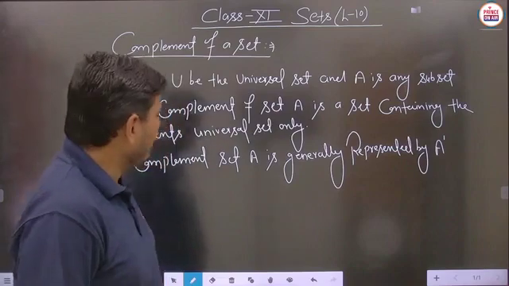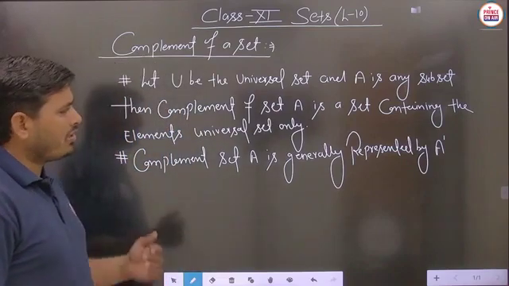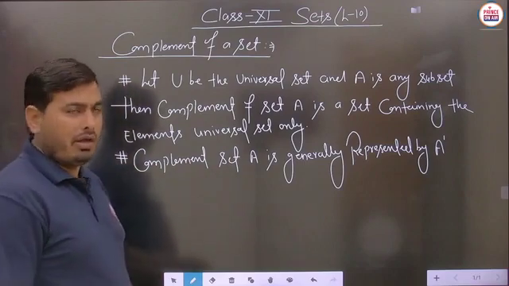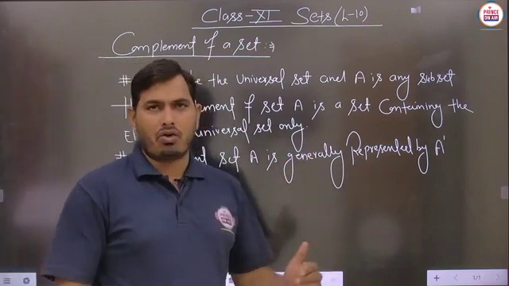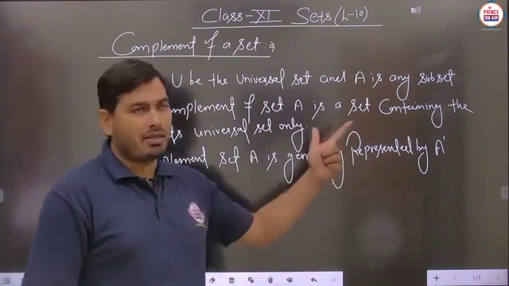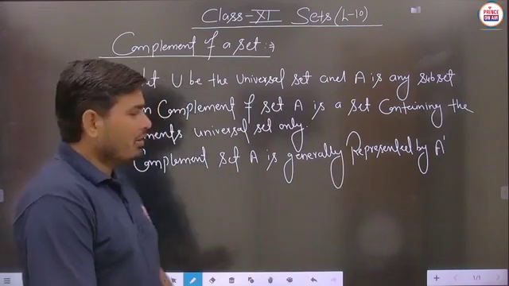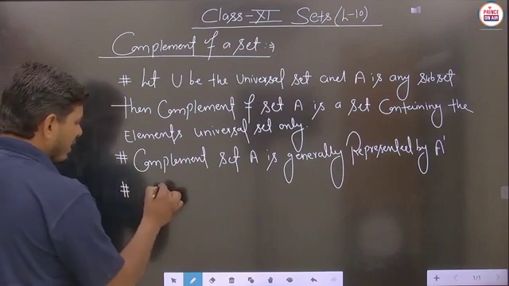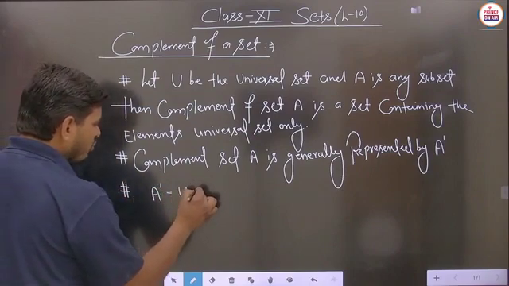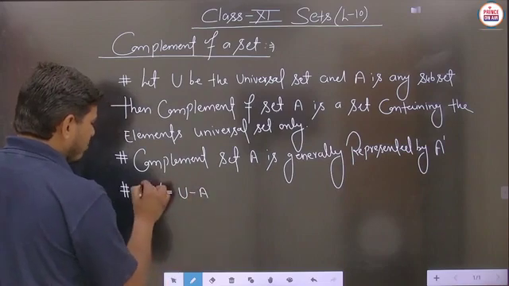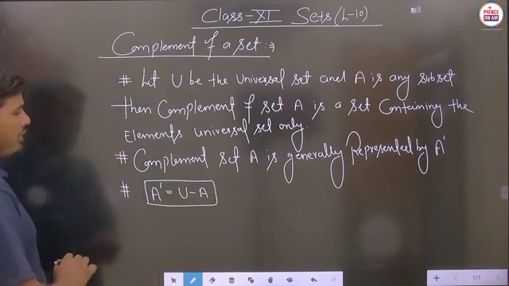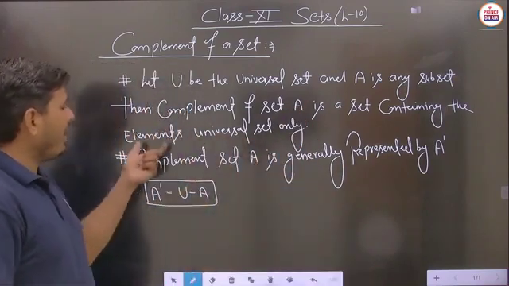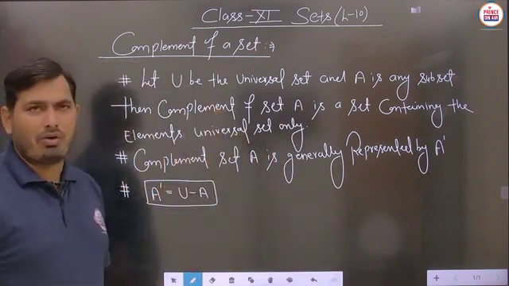So if any set A is given and we have to represent its complementary part, it will be represented by the symbol A dash. Is that clear? So you can see the very basic definition of A dash. A dash will be written as U minus A, because according to the definition it is a set containing the elements of the universal set only. Is it clear?